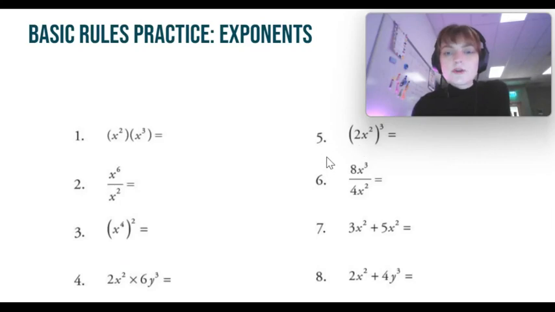In example 5, we would apply this 3 to both the 2 and x to the power of 2. Finally, in example 7, the base x is the same and they are being raised to the same power. So we can combine the constants in these terms, leaving us with 8x to the power of 2.